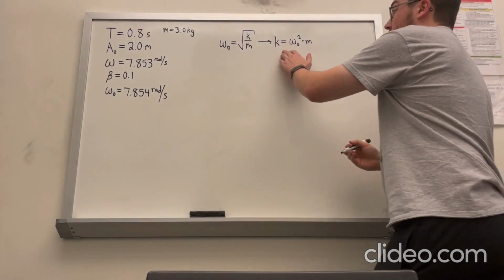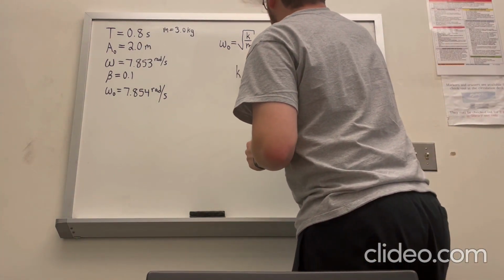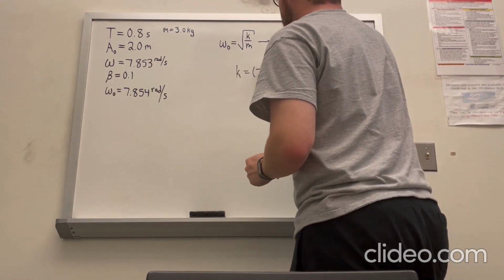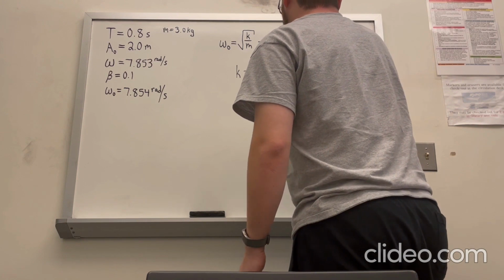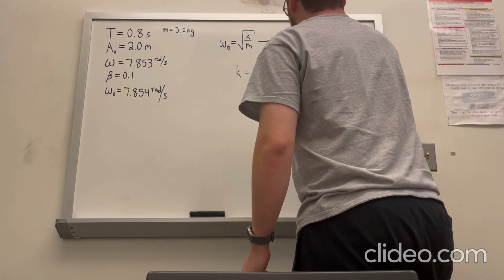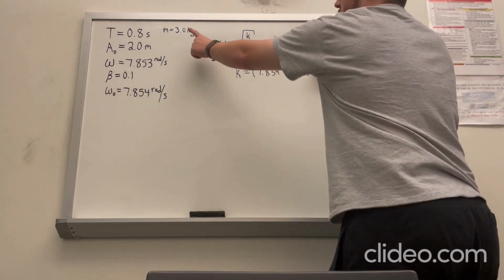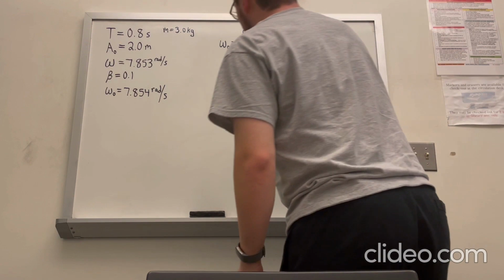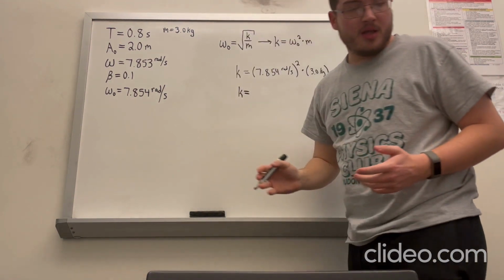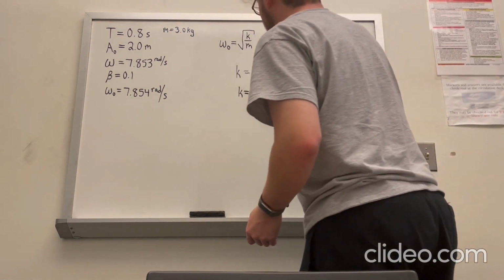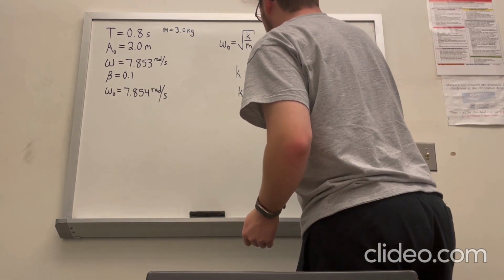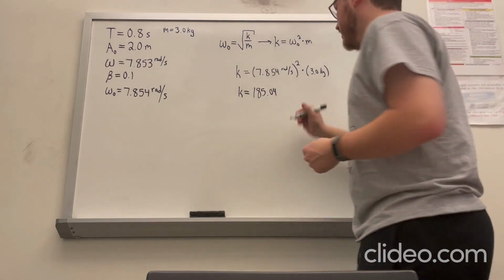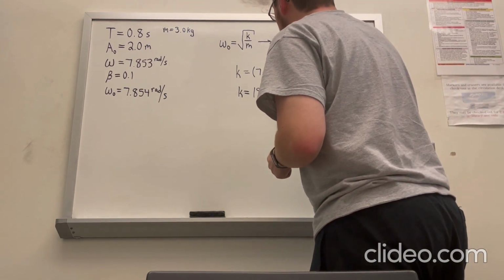So k equals 7.854 radians per second, squared, times 3 kilograms, and k comes out to approximately 185.04. The spring constant has a unit of Newtons per meter.